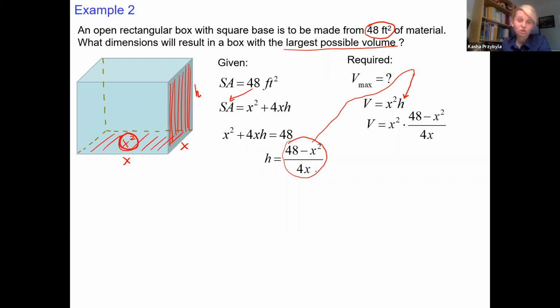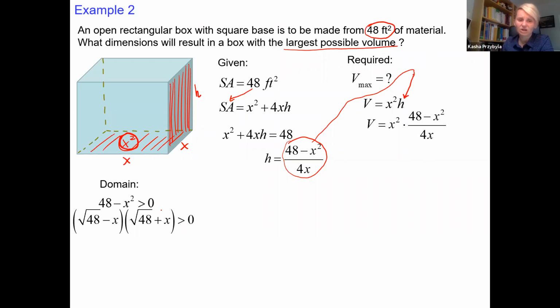Okay, I will simplify, but the same thing. That h, because of that 48, we have some restriction. 4x in the denominator is okay, because x is always positive, but 48 minus x squared must also be positive.